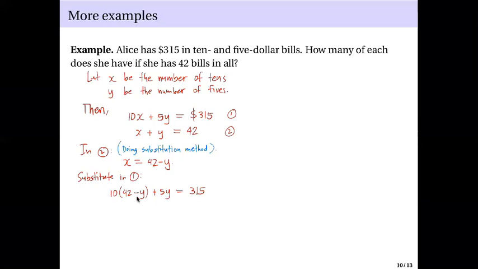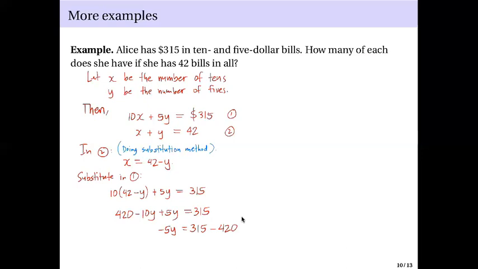So we distribute the 10, we'll get 420 minus 10y plus 5y. This is equal to 315. Then we simplify. You have minus 10y plus 5y, that's minus 5y. On the other side, we have 315. We put the 420 on this side, so you have minus 420.